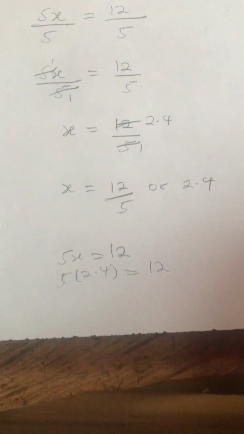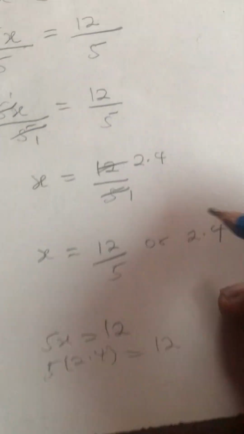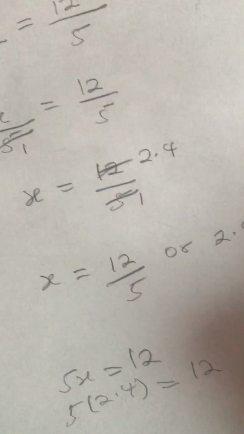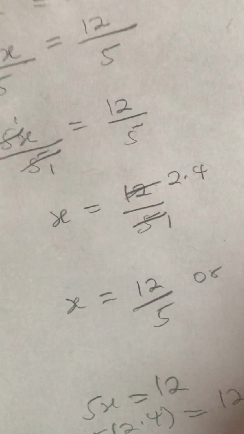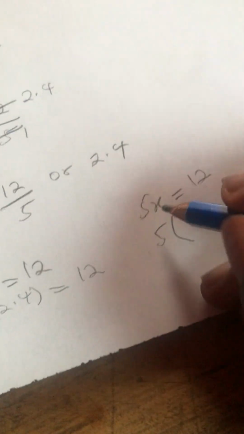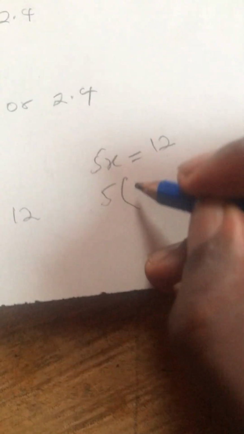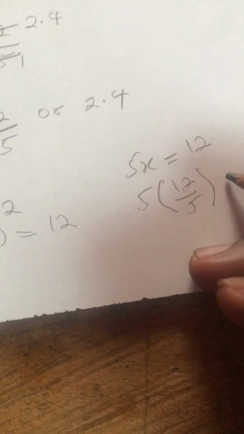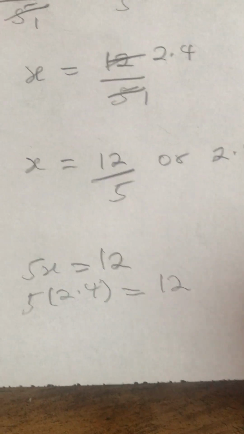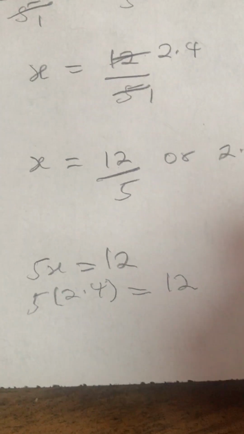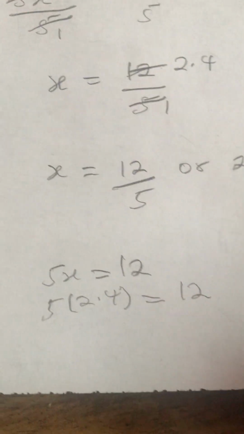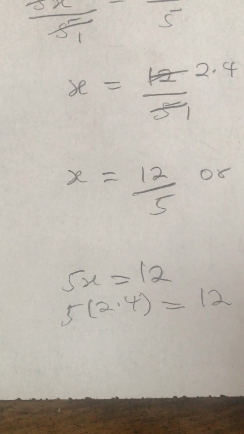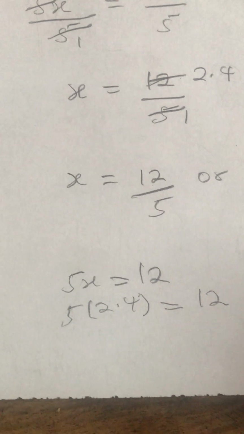In similar trajectory, we could have 5 multiplying x equals 12, so 5 multiplying 12 over 5 is equal to 12. 5 will cancel itself, leaving 12, so 12 equals 12.